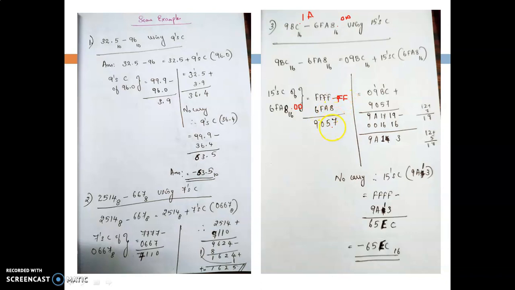So the answer will be 9057.FF and that has to be added. Okay, so that is how we find out the R minus 1 complement subtraction for various number systems.